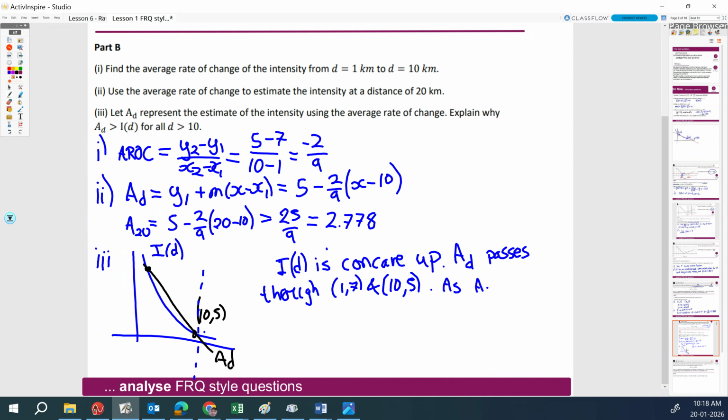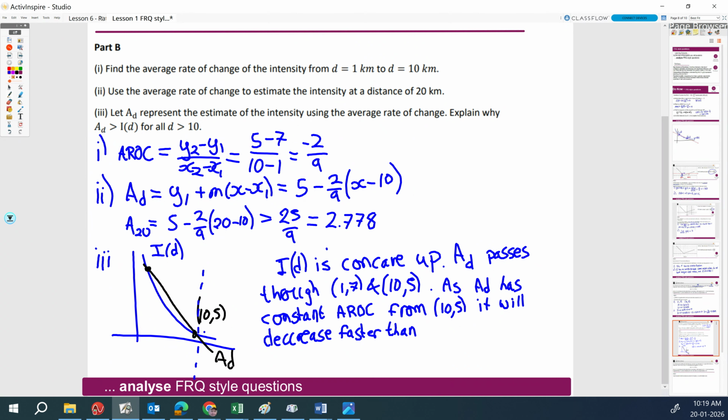As A of D has constant average rate of change from 10,5, it will decrease faster than I of D. So it will always be less than I of D for D greater than 10.